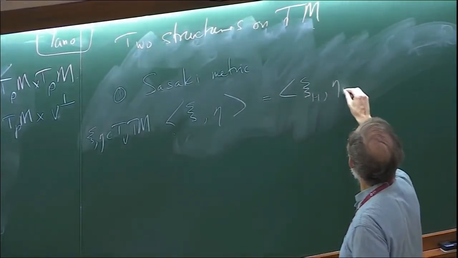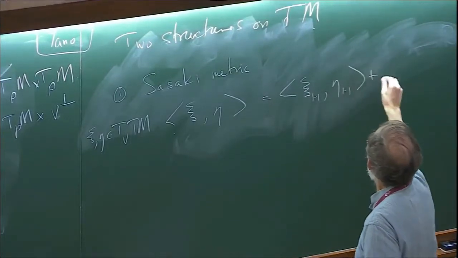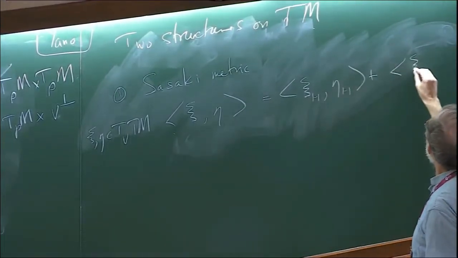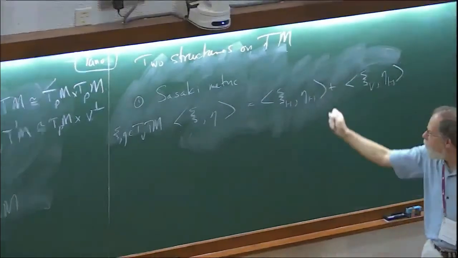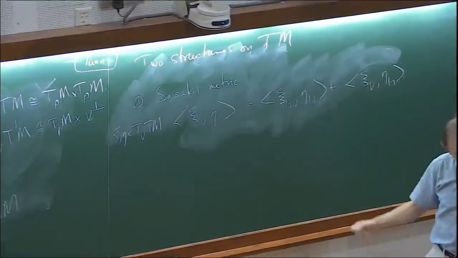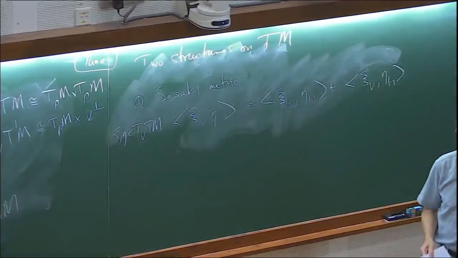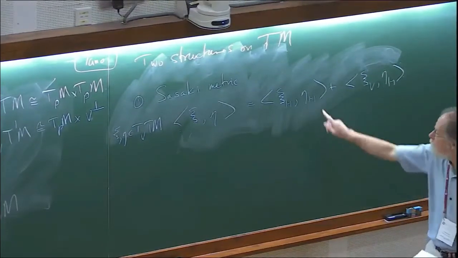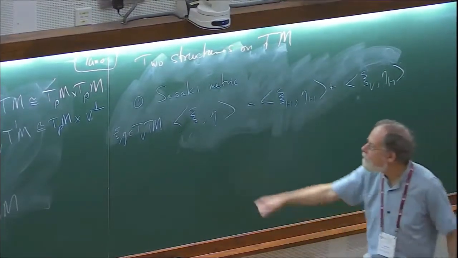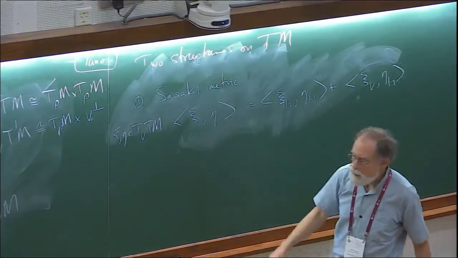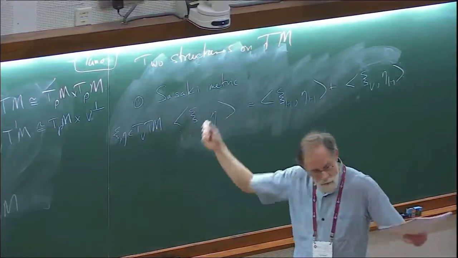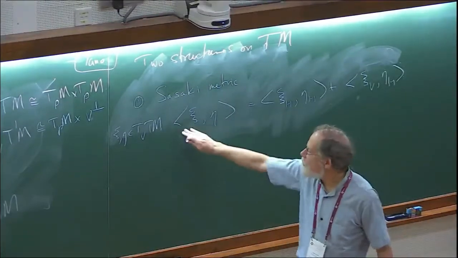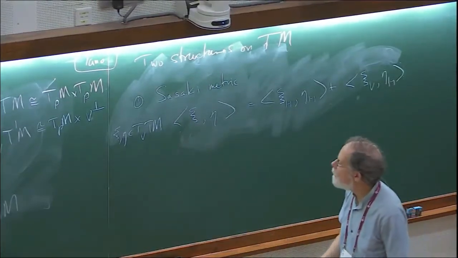You take the inner product of the horizontal parts and the inner product of the vertical parts. And what I mean here, of course, is I use the Riemannian metric on E. So these, I know what these are. I now know what this is. And maybe I should use double things or something, but I'll just stick to writing that.